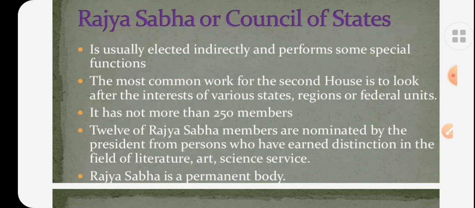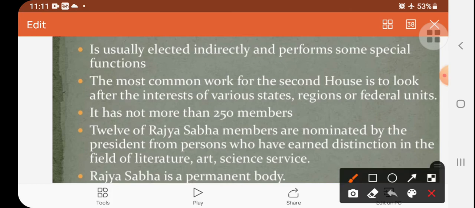Here they discuss and bring issues on behalf of the people. Here we are talking about the states and regions and federal units, the union territories. It has not more than 250 members.